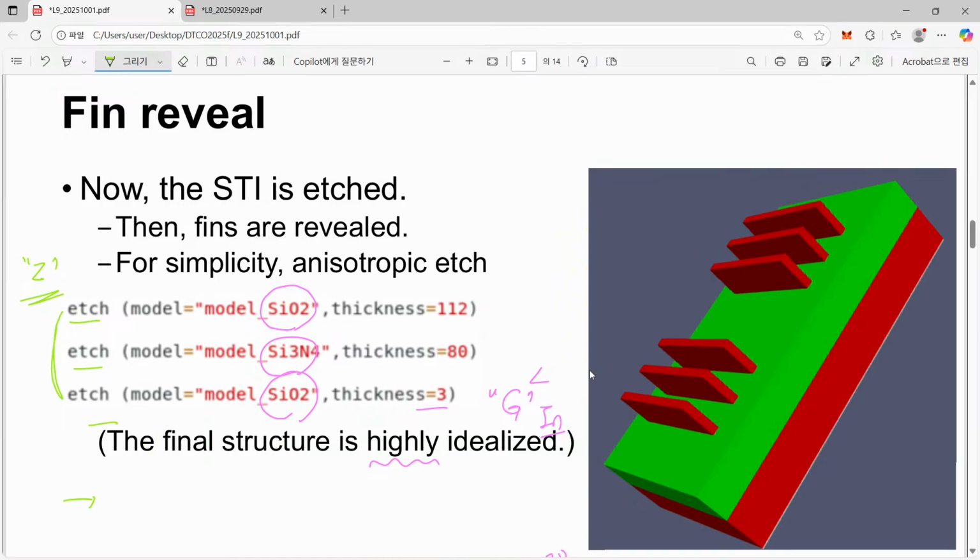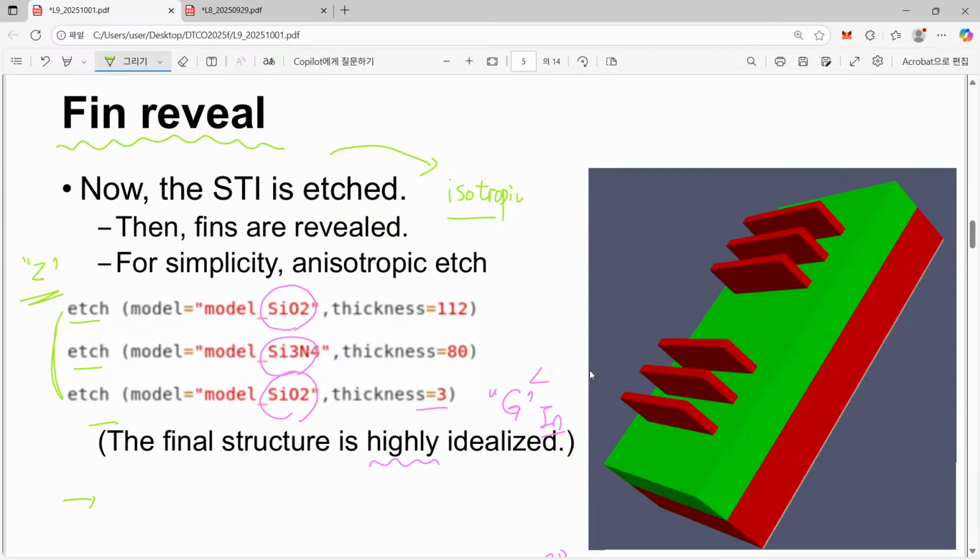However, in reality, instead of this anisotropic etching, it is known that this procedure called fin reveal is regarded as an isotropic etching process.